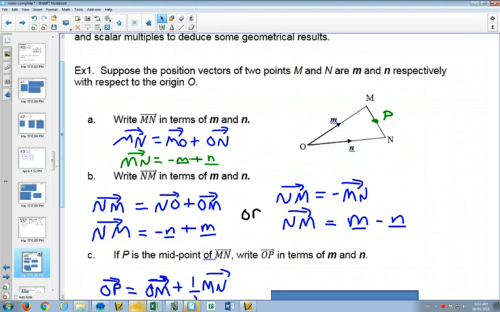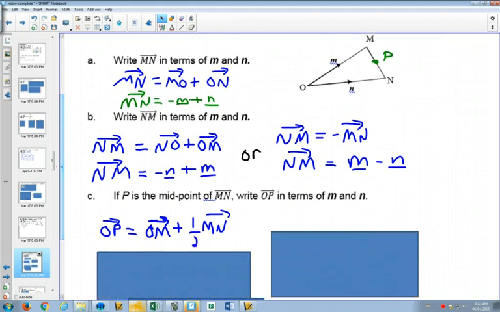Well, if you wanted to go from O to P, does it make sense that you could get there by going from O to m and then going halfway from m to n? Now that's not traveling only in the directions of m and n, but that's the idea.